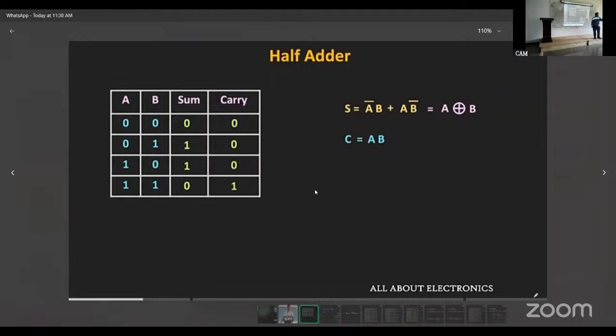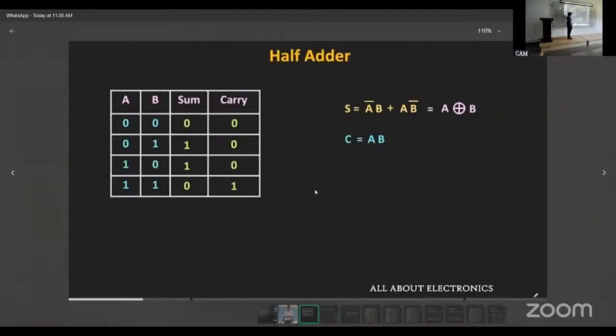Half adder means you are adding 1 bit data, implementing one circuit diagram known as the half adder circuit, which will add the 1 bit data. Okay, so now see.